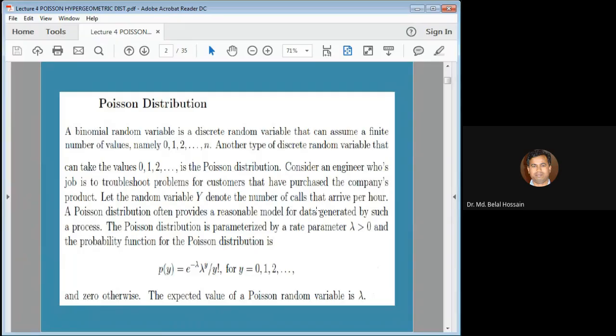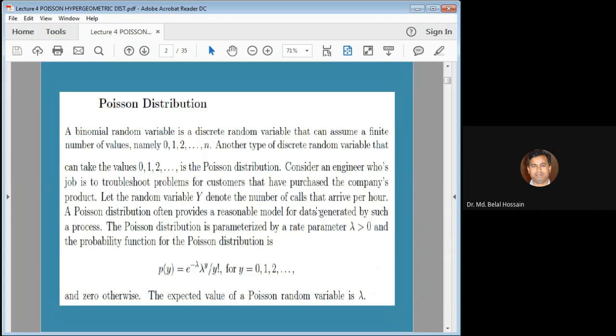A Bernoulli trial has only two possible outcomes: head or tail, success or failure, life or death, disease or non-disease, A or B, there is no C. Democrats and Republicans, there is no other party.